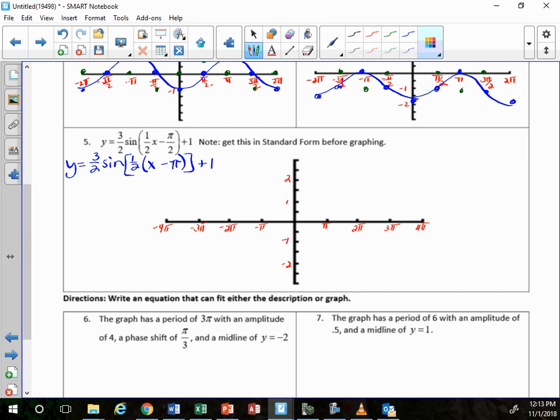Do you want another minute, or do you want to look up here? Negative 2, negative 1. Do you do the shift first or the stretch? What do you think? Do you multiply or subtract? You do the stretch first.